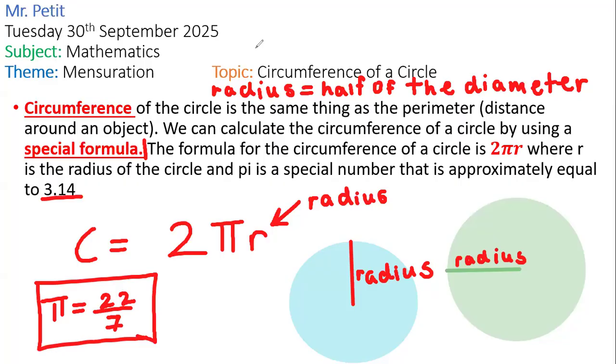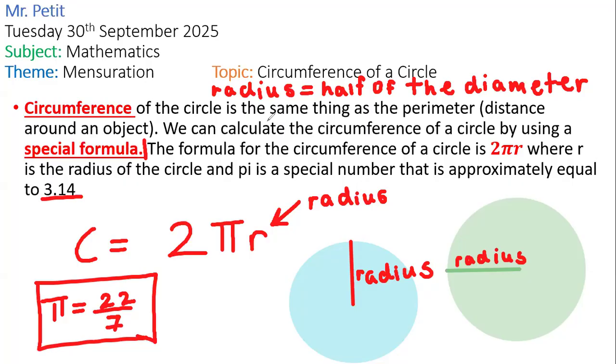All right. Where's Daria? Daria, are you there? Yes, sir. Okay, go ahead and read this paragraph on circumference. Circumference of the circle is the same thing as the perimeter, the distance around an object.